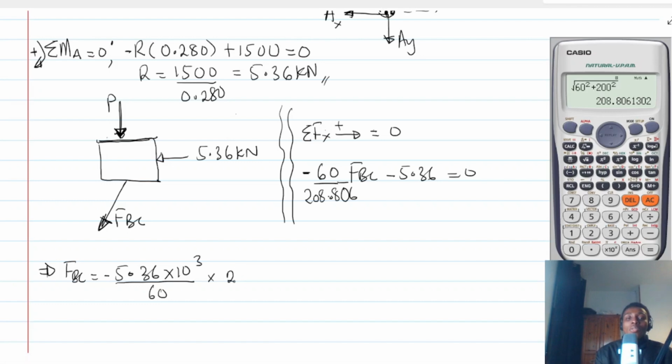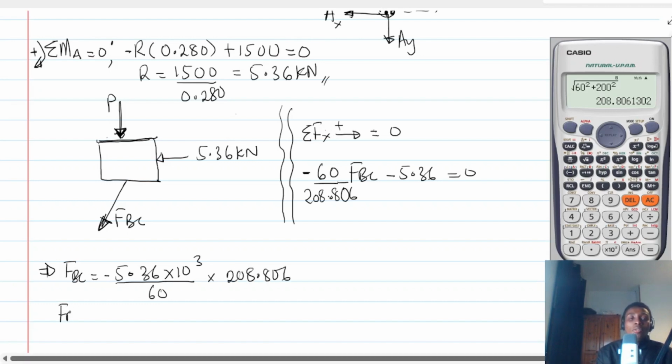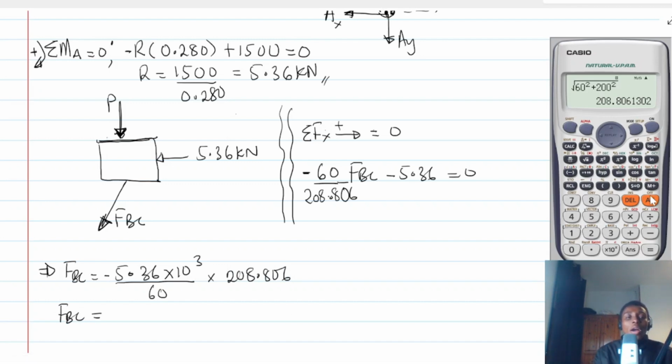So multiply by 208.806. Therefore, let's pick our calculators and do it together. So 5.36 times 10 to the power 3 divided by 60 multiplied by 208.806.